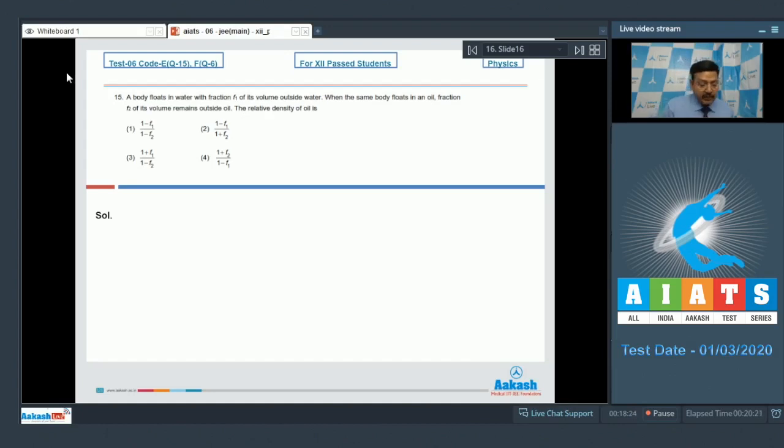So that means if we assume the weight of the body is W, we have weight W equal to its total volume V, and since only fraction F1 is outside, what is inside water is 1 minus F1 fraction. So this is the volume of water displaced. This multiplied by density of water into g is W.